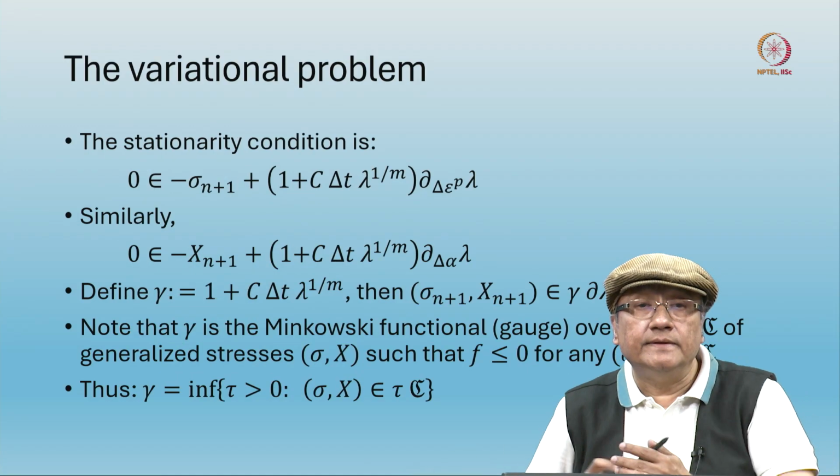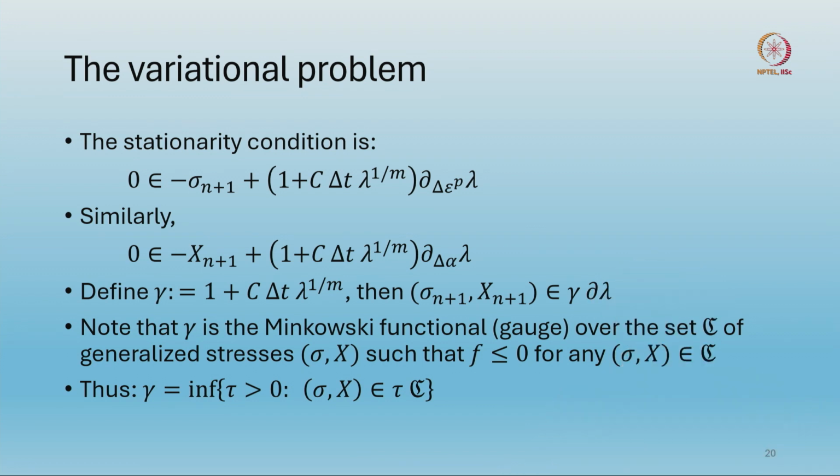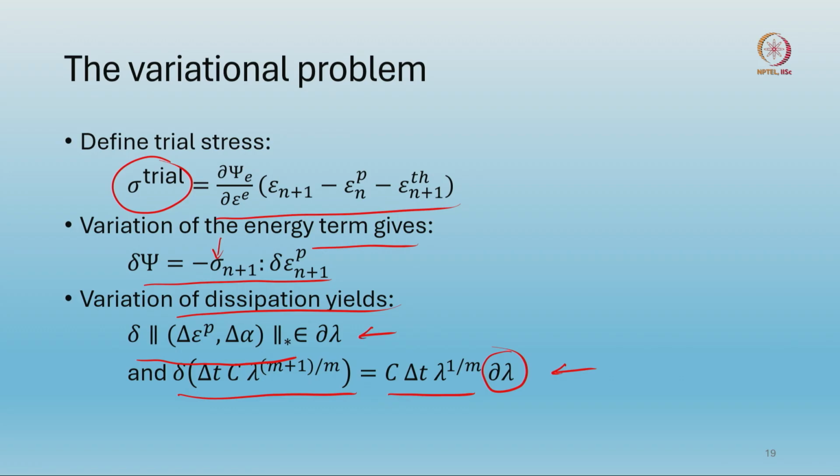Okay. Now the stationarity condition in our language as before will be written in this manner. Essentially, you are more familiar with 0 equal to this, but you can understand it that way. Okay, so 0 equals this, right? You see that because the variation, this comes out as a factor.